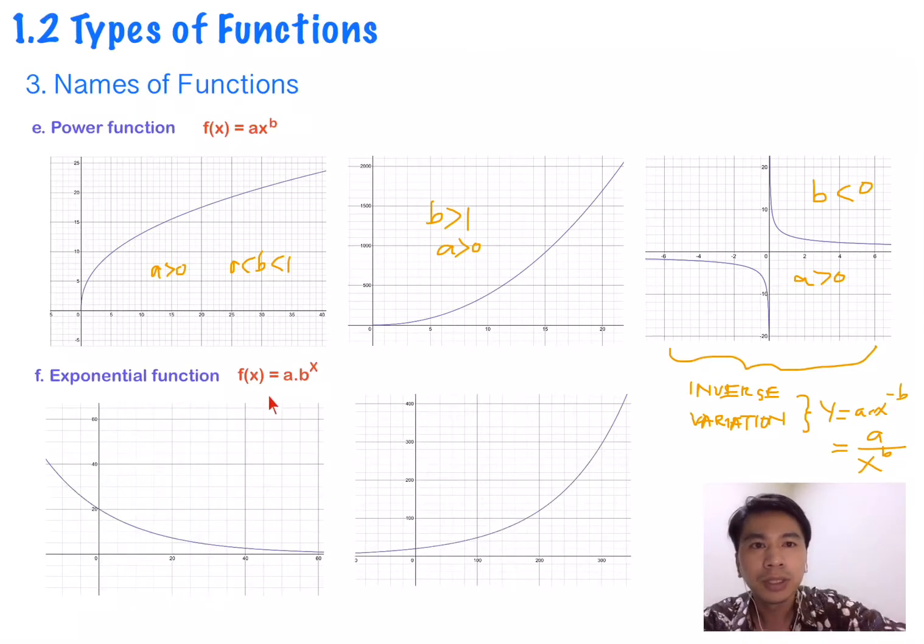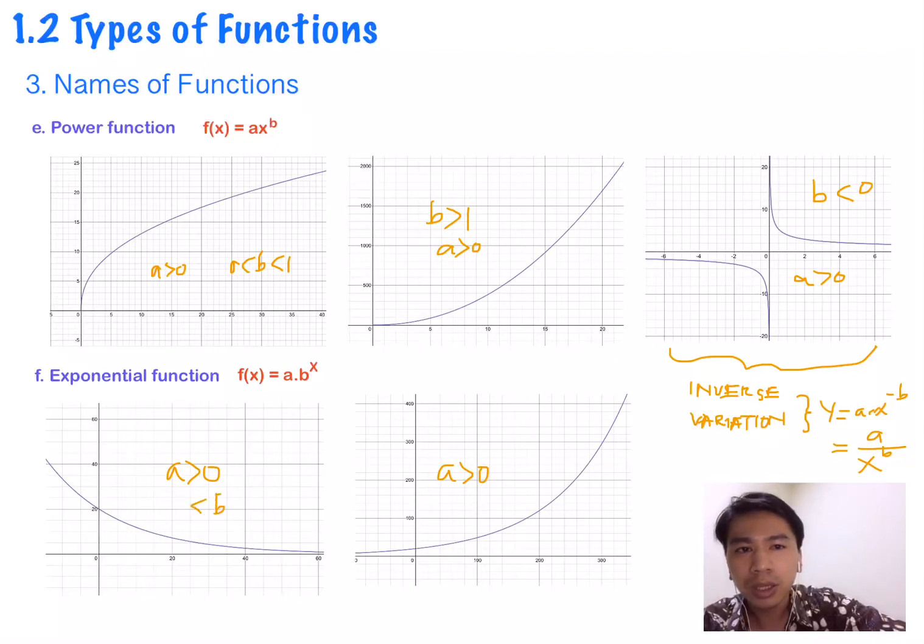The next functions will be the exponential. It has the general equation f of x equal with a times with b to the power of x. Same like before, I set the a equal with positive value. For the first graph of the exponential, the b is not negative, but the b will have a value between 0 and 1.